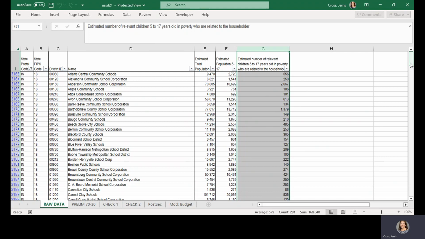This is authentic data. I pulled this information for the upcoming grant period, or grant cycle, fiscal year. So this is the information that will be used to determine your actual allocation for the new grant cycle.